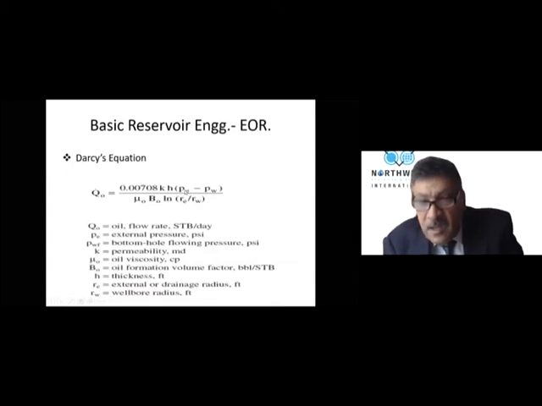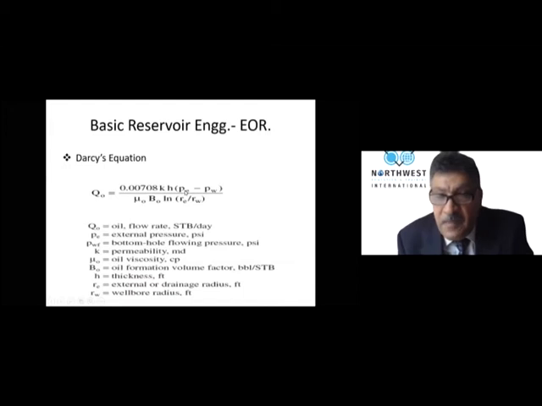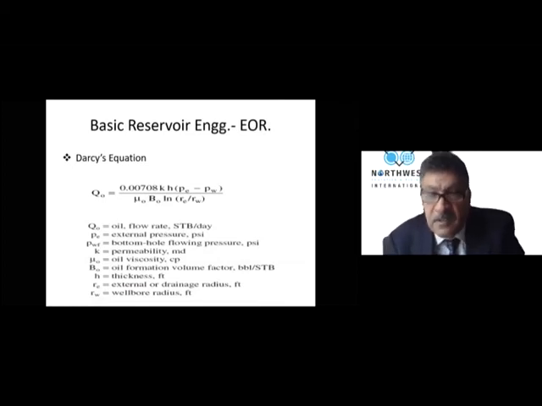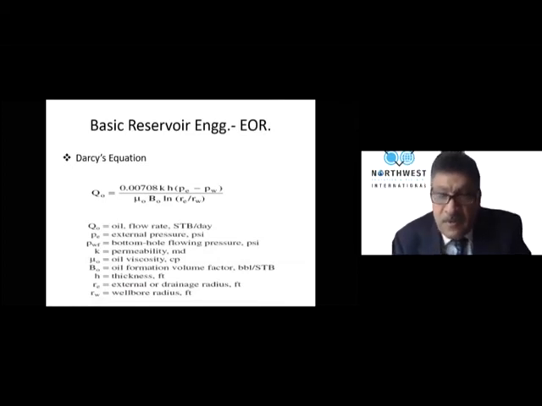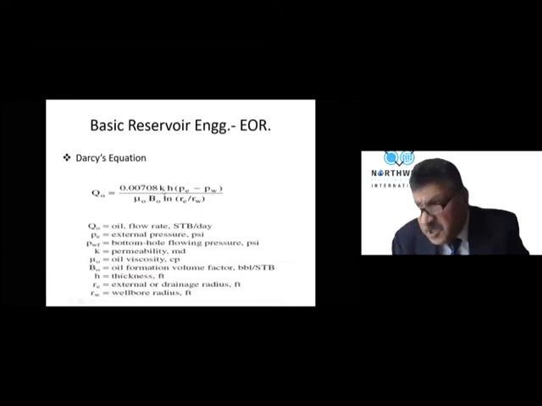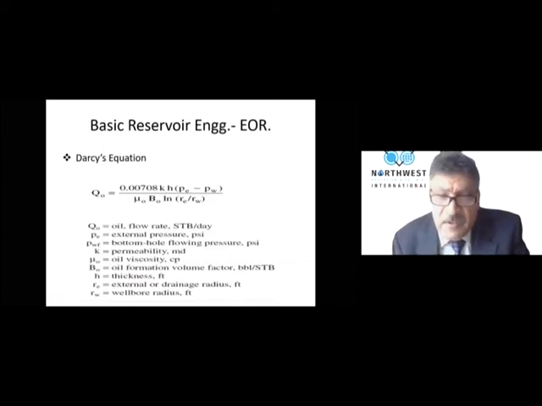I can increase Pe by water injection and gas injection, or make mu naught, the viscosity of oil, small by using miscibility or chemicals such as polymer or surfactant to make the oil viscosity small. Or K, which I cannot change very much, but I can make K larger by injecting acids, acidization. H, the thickness of the rocks, I cannot change.